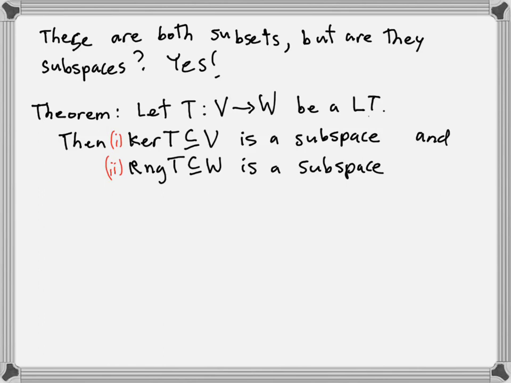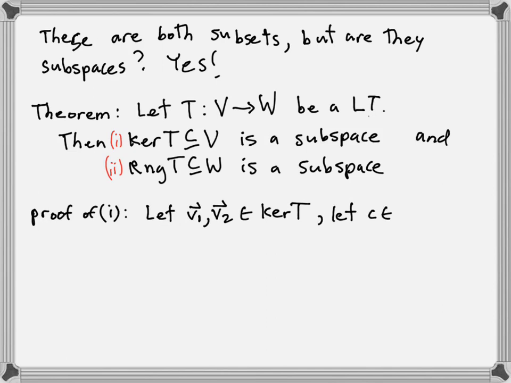So let's do the proof of statement 1 first. Let's take two vectors, v1 and v2, that are in the kernel, and let's also take a c that's a real number. Remember, to show that something is a subspace, we need to show that it's closed under addition. So how do we show that something is in the kernel?